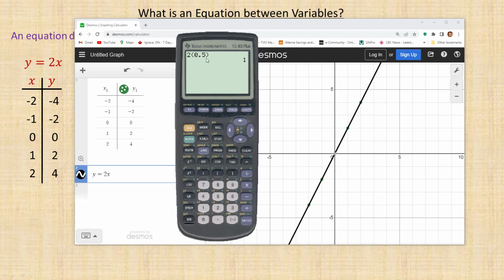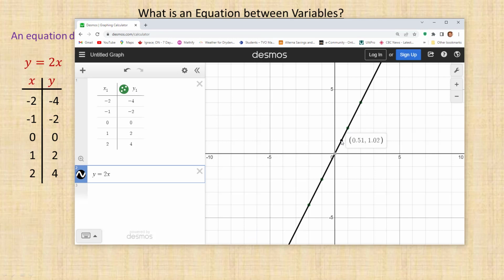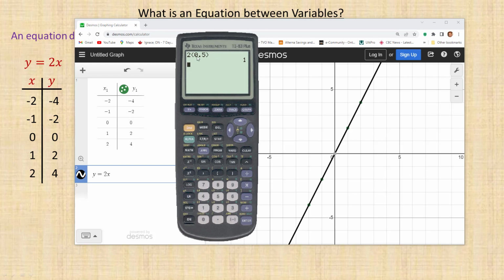So that was the point (0.5, 1). With the calculator, it's just showing that that was the x value I put in, and that's the y value I put in. I could add that to my table to show you it's another point on the line.